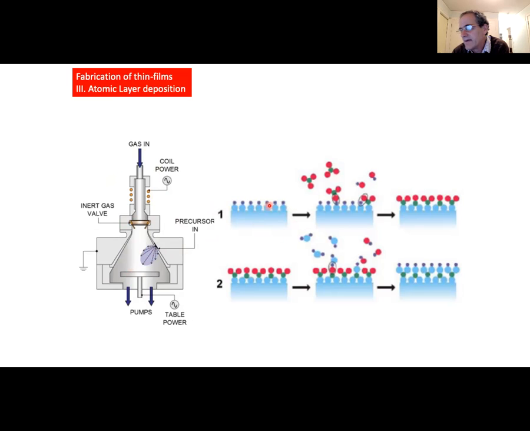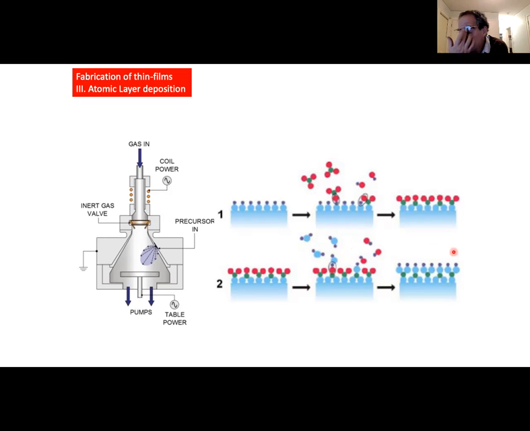But then new atoms of this material won't stick to the surface that's coated. So it grows a monolayer and then it stops. And then you introduce the next chemical, which reacts with this to grow another monolayer, but then crystal growth stops again. Okay? And then we have a process where a third layer grows, and so on.